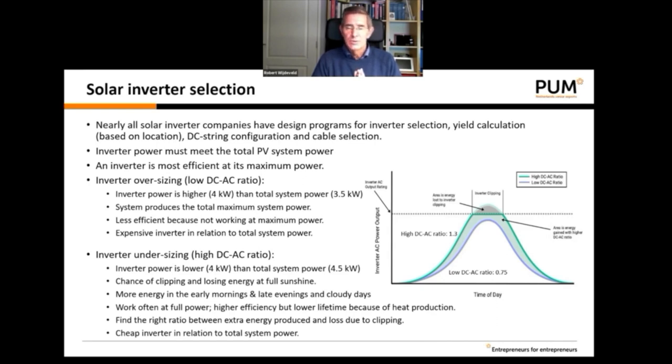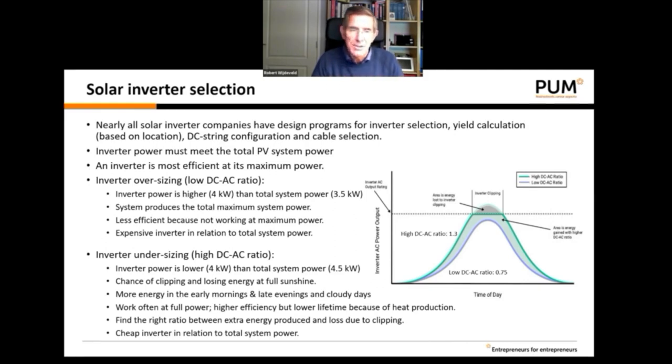Let's look at the two different possibilities. Inverter oversizing. It's also called a low DC to AC ratio. Let's assume you have an inverter of 4 kilowatt, which is higher than the total system power, which is, for example, 3.5 kilowatt. In the graph on the right, it is shown by the purple line. So the system produces the total maximum system power, no problem.